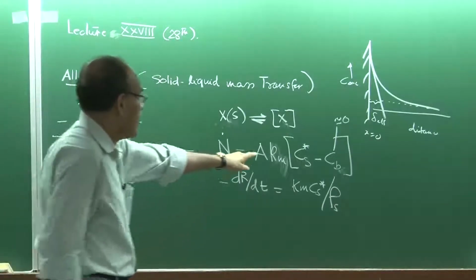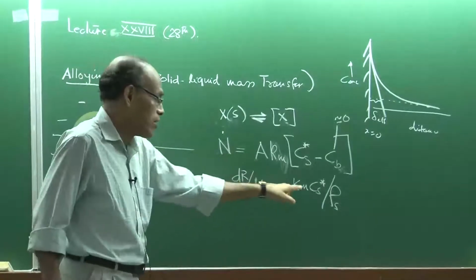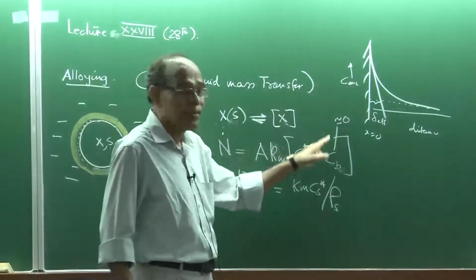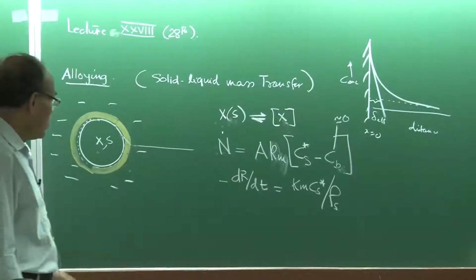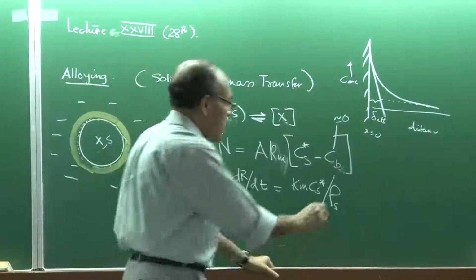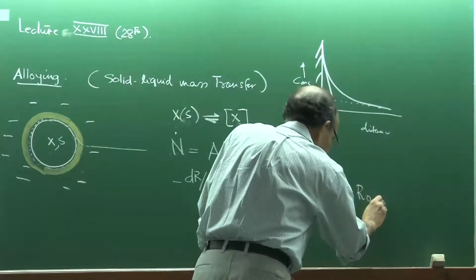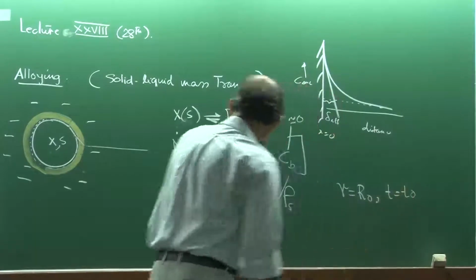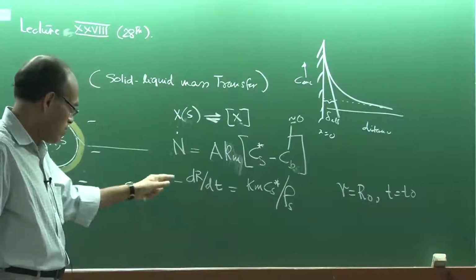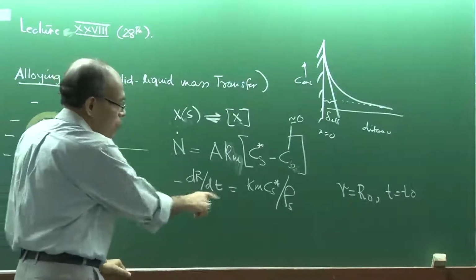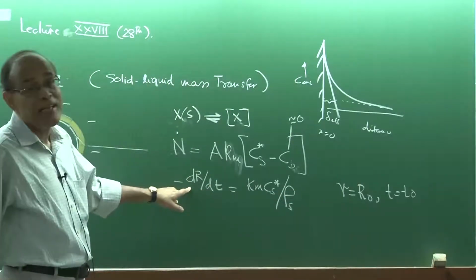And the area here and the differentiation will cancel out the 4 pi r square factor, and therefore you are going to get this final expression under the condition that the bulk concentration is taken to be equal to 0. So for the complete dissolution time, this is at r equal to r0, the initial radius, and t equal to t0, that is the condition. So the complete melting or dissolution time can be calculated once you integrate this equation and set the final r equal to 0.